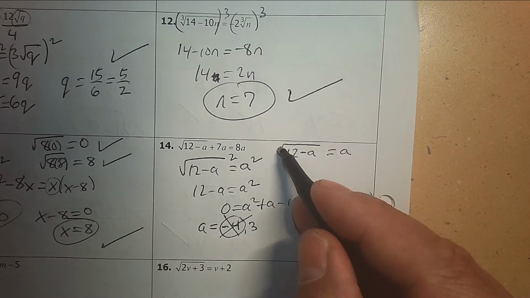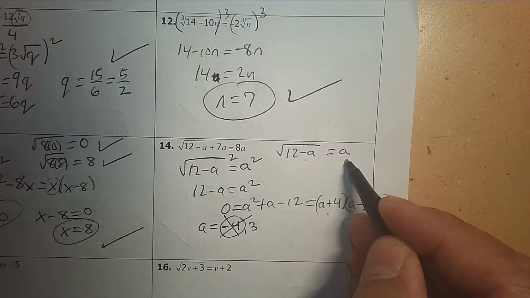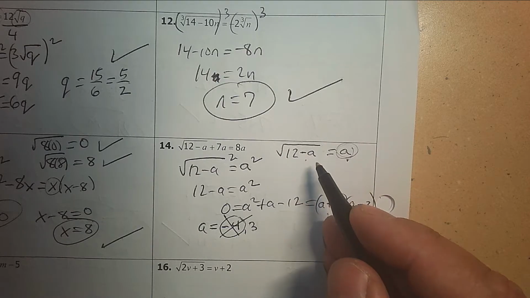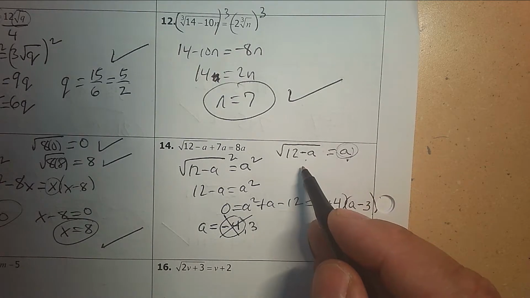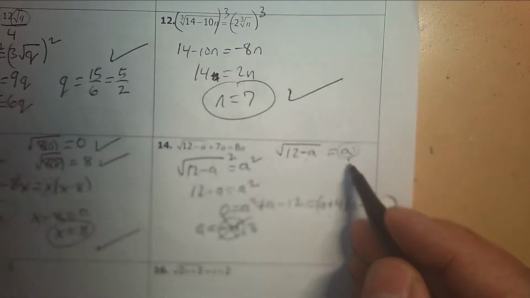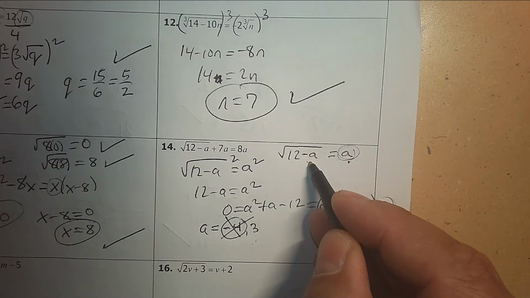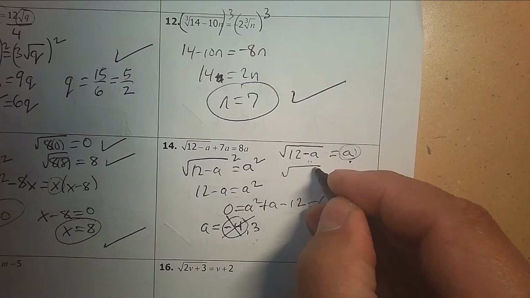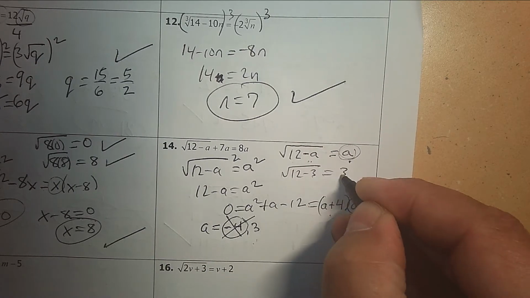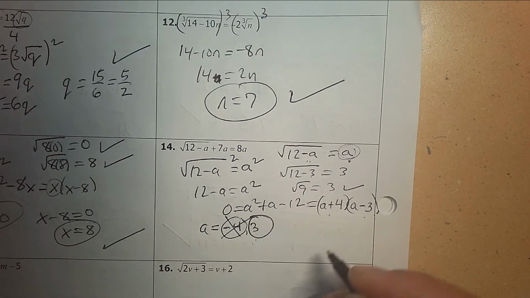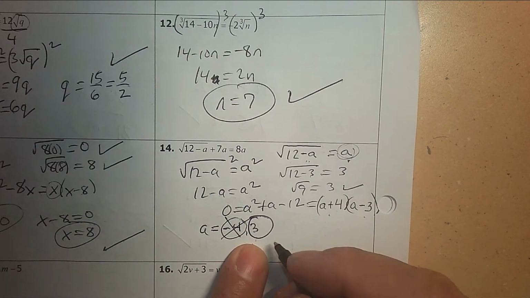The square root of any number would never equal negative 4, right? So if you plugged in negative 4, it'll end up being the square root of 16. Does that equal negative 4? No. How about 3? 12 take away 3? Put a 9 in there. And then the square root of 9? Does that work? So one answer is a good solution, yes?